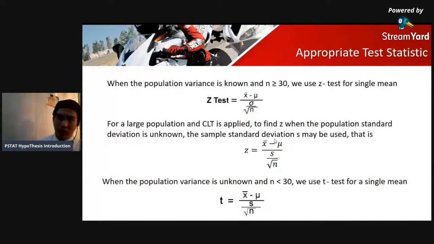Some students mistakenly use the t-test, but in some research we are now using the t-test for a large sample, because once the sample size gets larger, it approaches the normal distribution. So just observe this one. When the population variance is unknown and the n is less than 30, you use the t-test. Do not use the z-test.